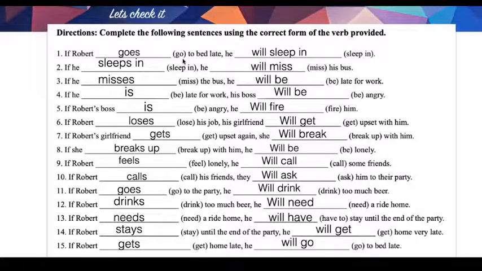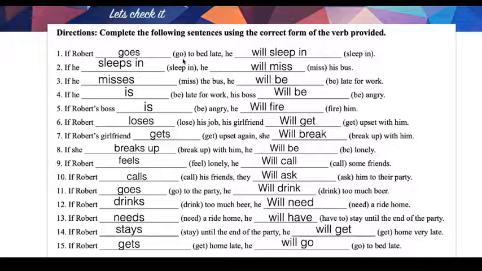If Robert goes to the party, he will drink too much beer. If Robert drinks too much beer, he will need a ride home. If Robert needs a ride home, he will have to stay until the end of the party. If Robert stays until the end of the party, he will get home very late.